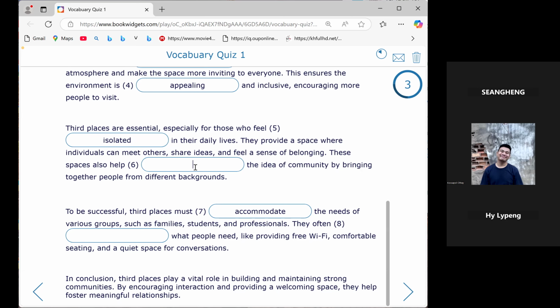Number 8. If you do this one with reinforce and this one with anticipate, but number 6 talks about interaction, like engaging in community, so it should be anticipate.